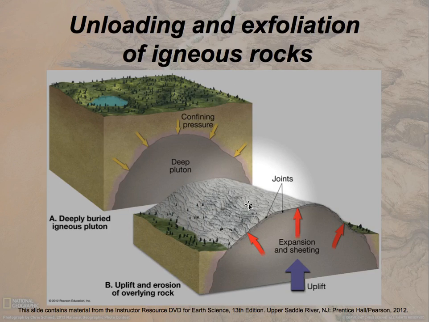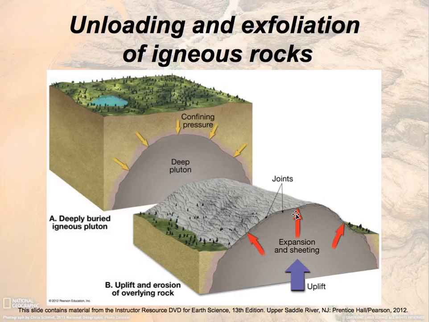So it basically starts to separate and cracks will form, joints. If you really zoom in here, joints can form, which can then be weathered in different ways. For example, frost wedging could come into play in those joints.